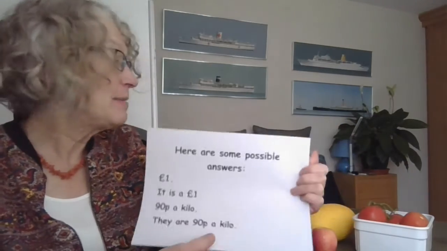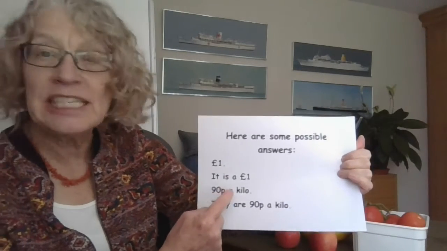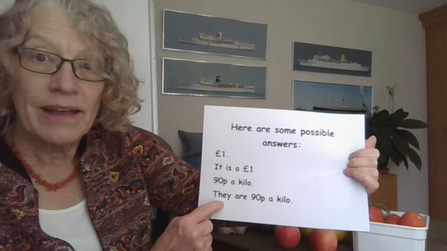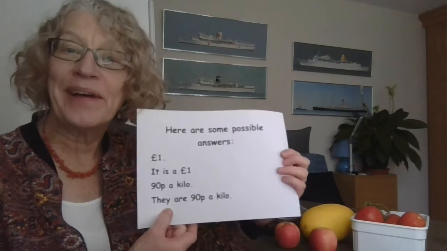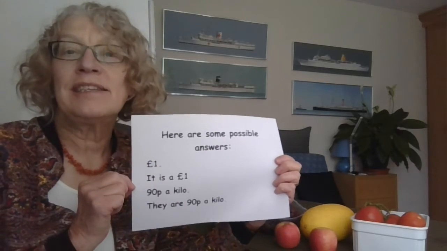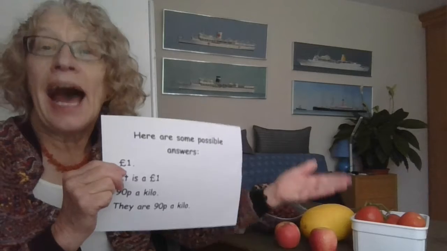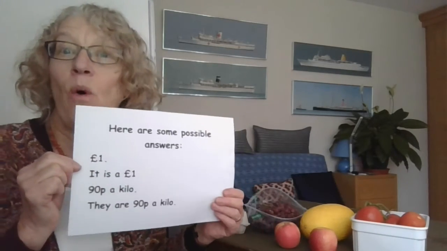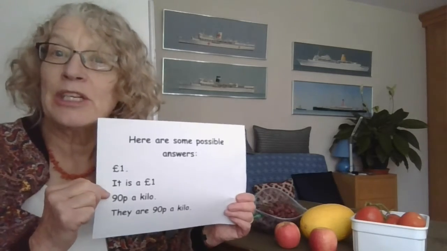Or if it's something like tomatoes, you might get the answer 90p a kilo. Or they might say, they are 90p a kilo. So those are all the answers to how much is this, how much are they, how much are these. Those are all possible answers, and it shows you how much they cost.